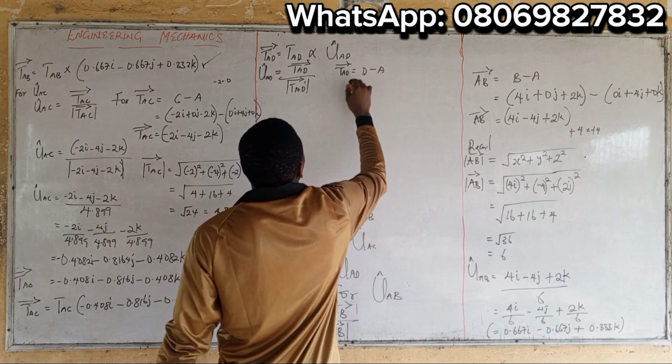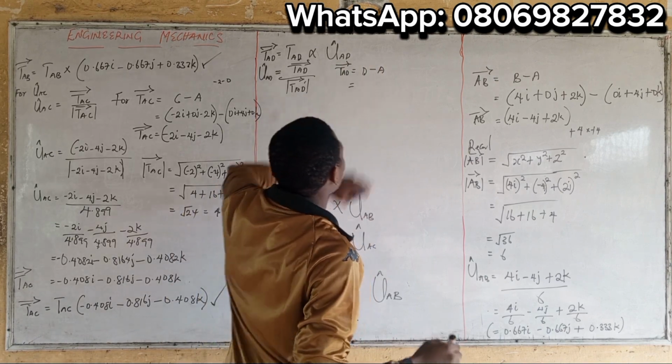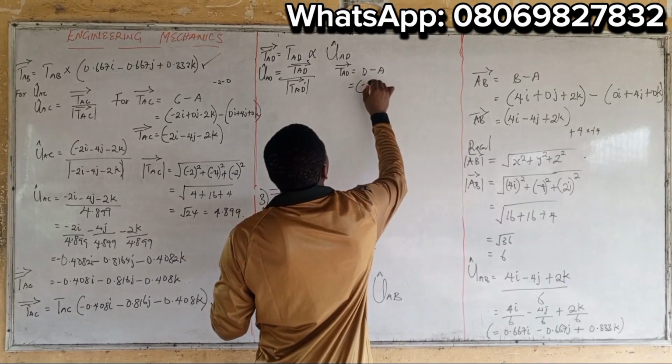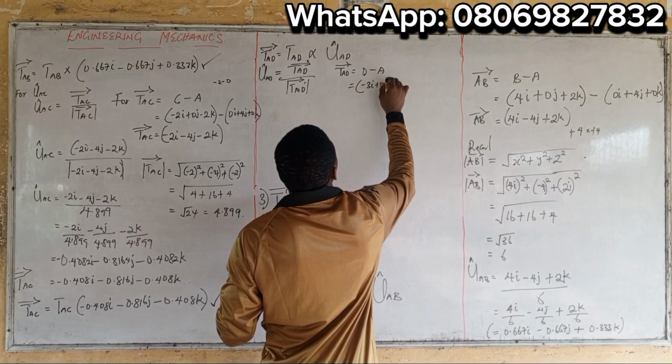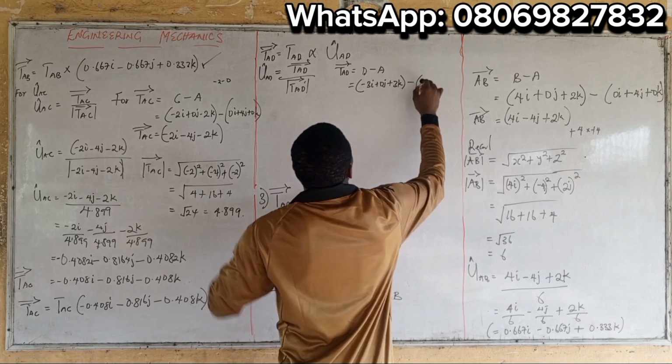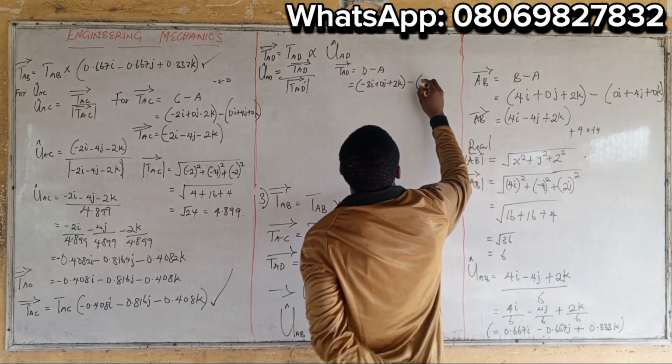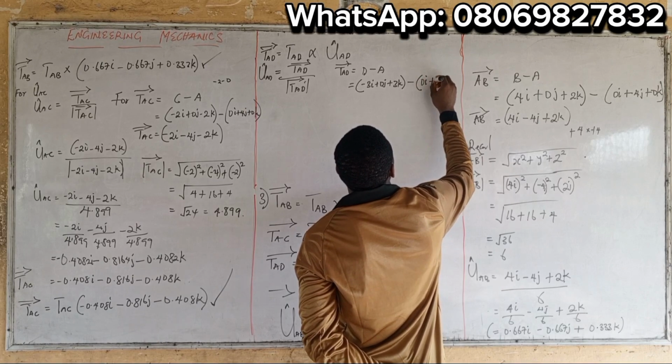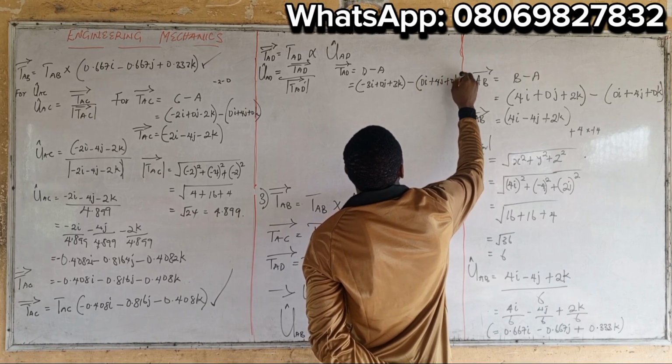AD is simply D minus A. We know our D vector coordinate to be minus 3i plus 0j plus 3k, minus our A coordinate, which is 0i plus 4j plus 0k.